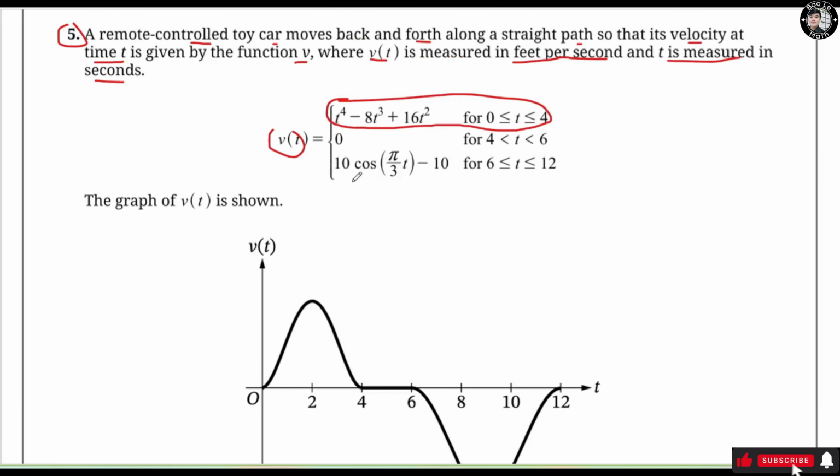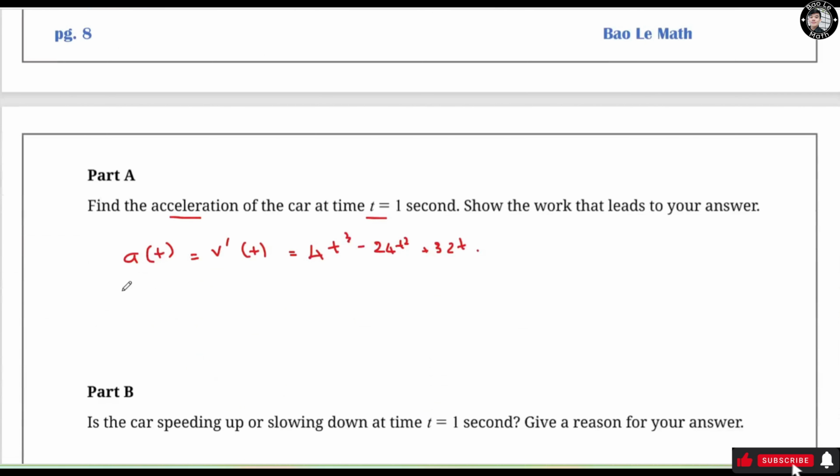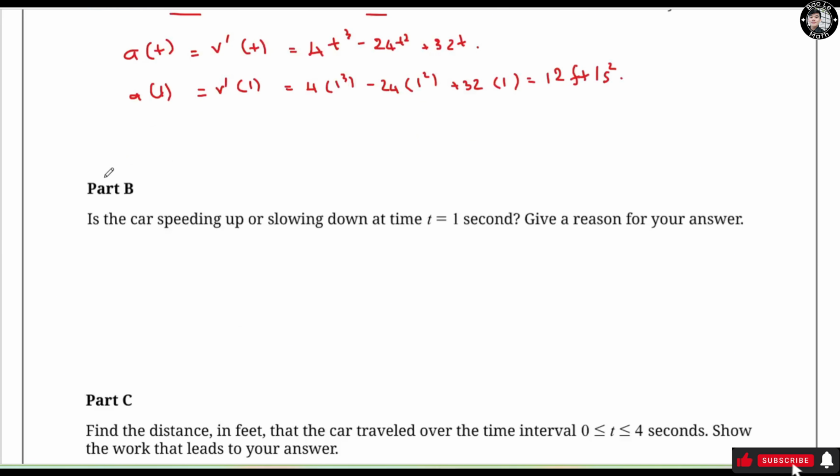The reason we use this function is because t equals 1 is inside this interval. Now we have a of 1 is v prime of 1. It's going to be 12 feet per second squared.